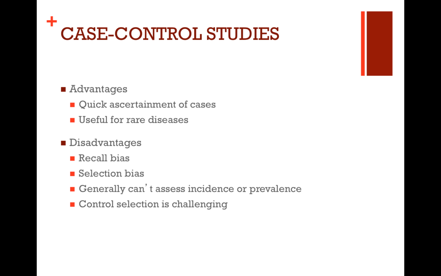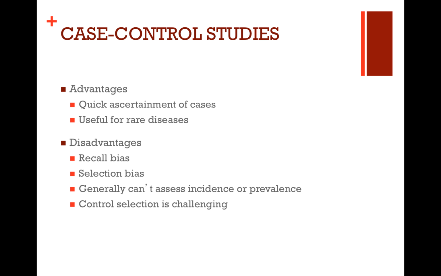And so because we have a disease or condition, we recall things differently, and that's called recall bias. And there are ways to try to control for recall bias, both methodologically and statistically, but it's something that always underlies case control studies and concerns we have.